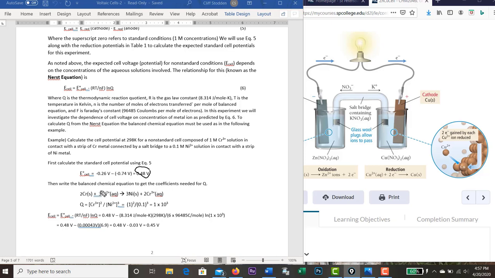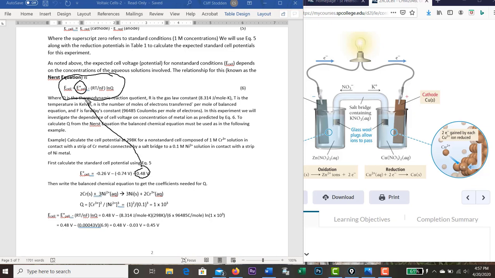Now for the non-standard, if you change one of these concentrations, either the nickel or the chromium, so that it's not 1 molar anymore, you can calculate the non-standard potential using the Nernst equation. And that's what you're going to be doing in this experiment. The Nernst equation is listed right here. And for the Nernst equation, you still need the standard cell potential, this one, which we calculated here already.